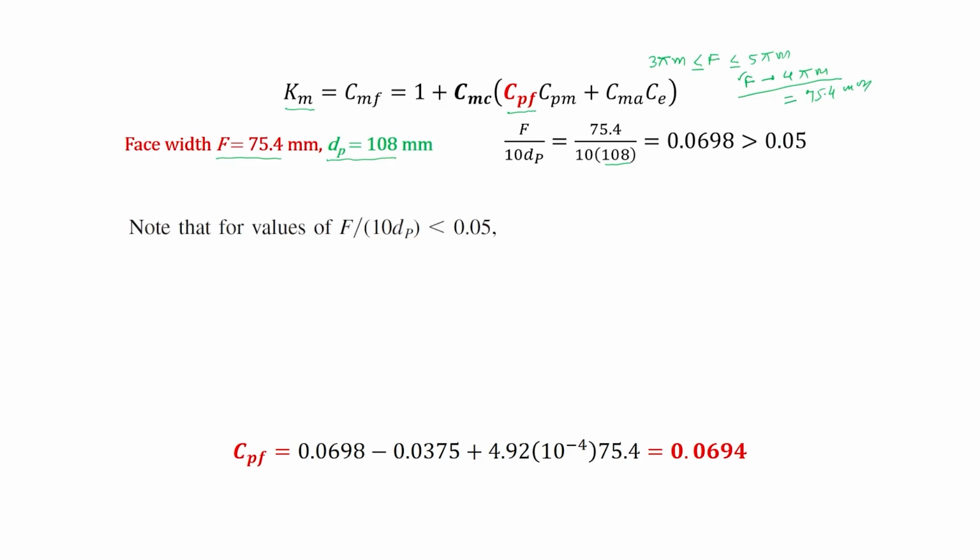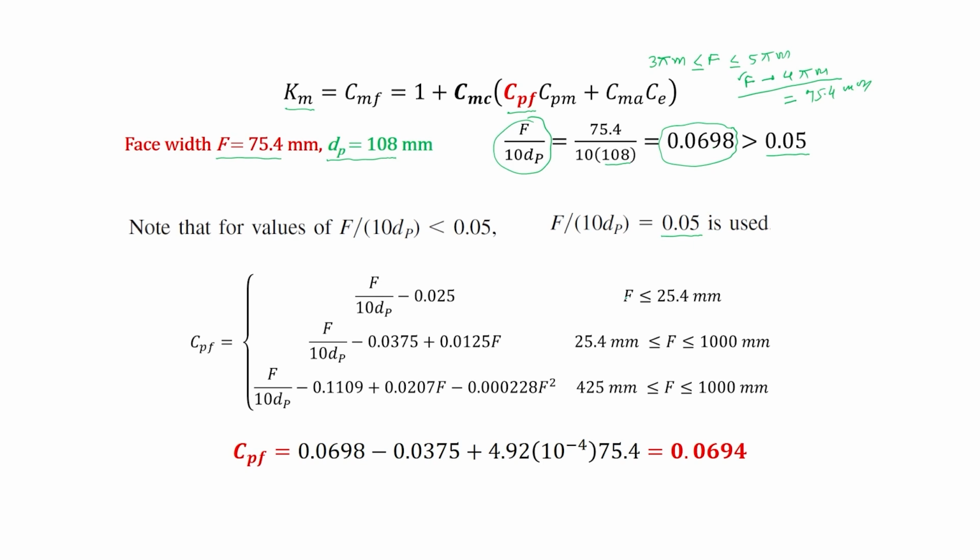When it is less than 0.05, then F divided by 10 dp is taken as 0.05, but in our case it is more than 0.05, and so this value will be taken as 0.0698.